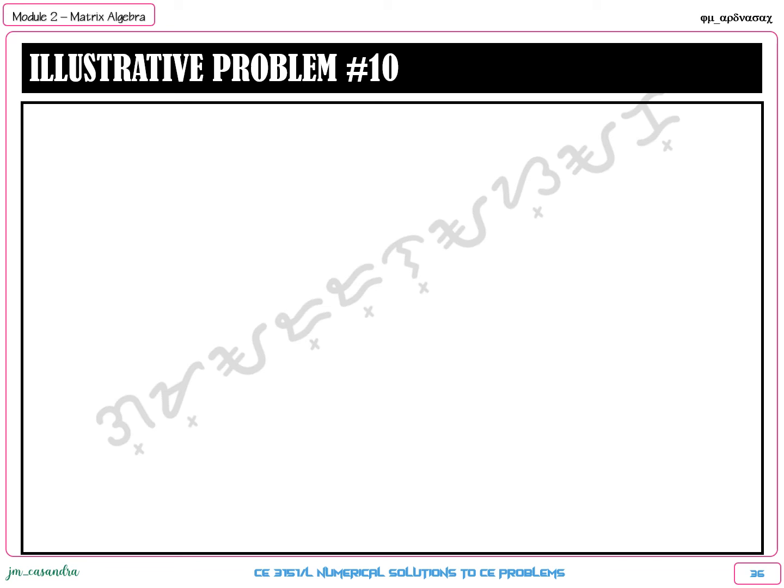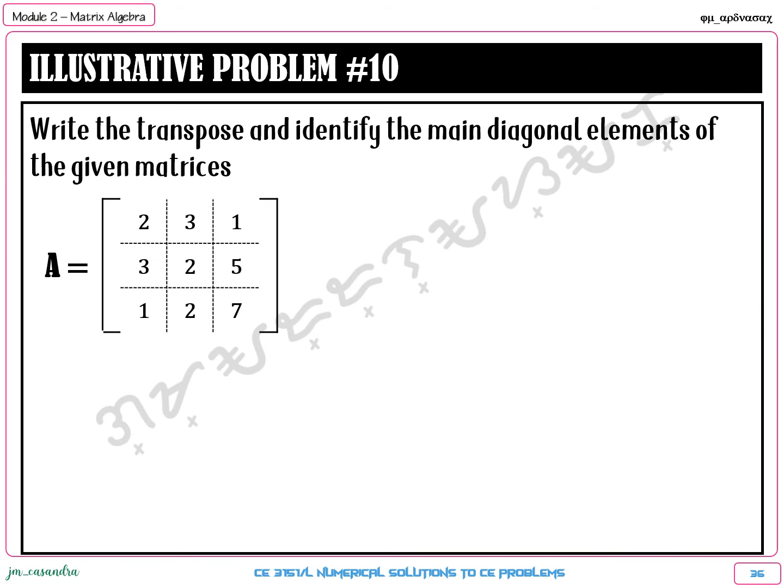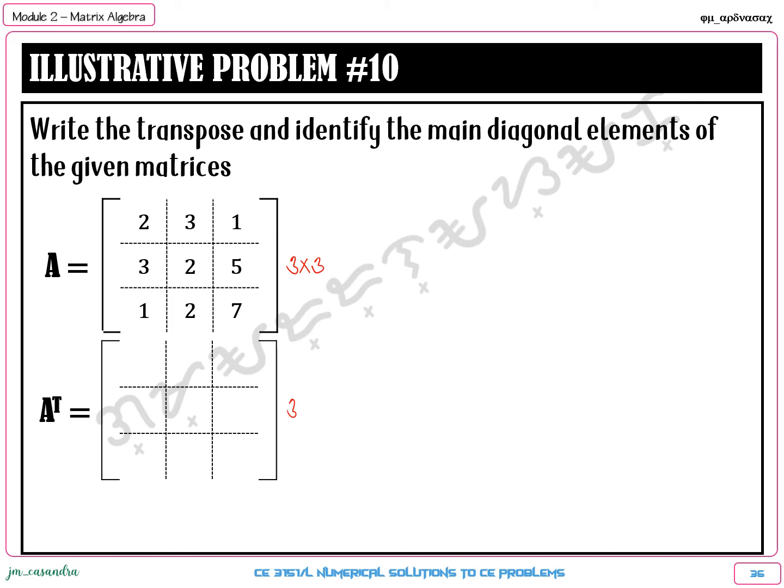So another example, number 10. Determine the transpose and the main diagonal of the given elements. So let's have matrix A having the following elements, and matrix A is a 3x3 matrix, in which our transpose matrix will also be a 3 by 3 matrix.